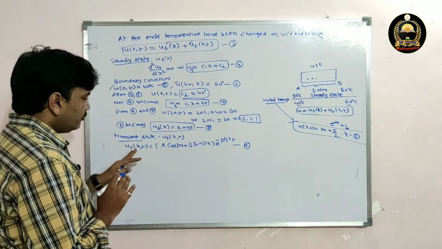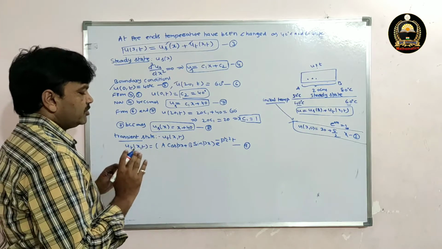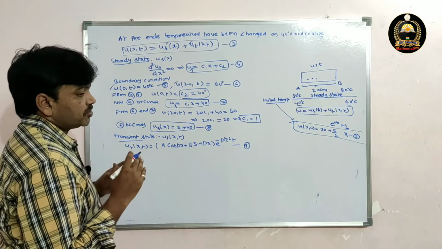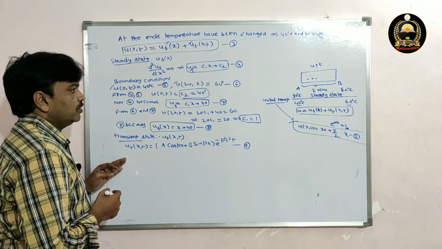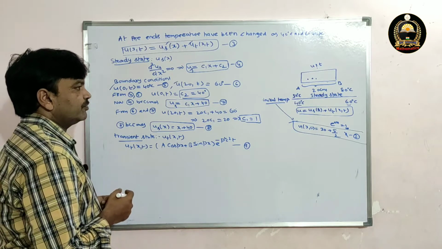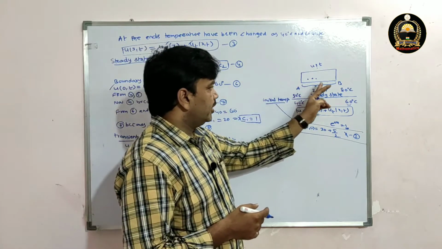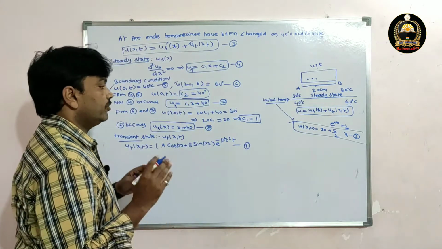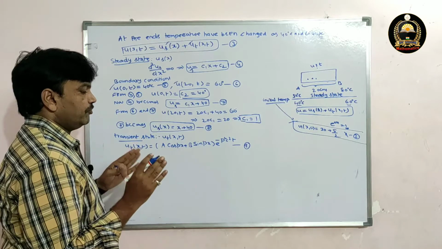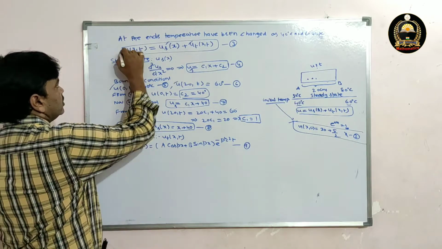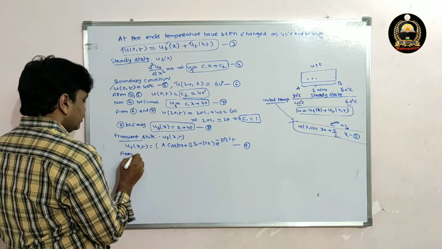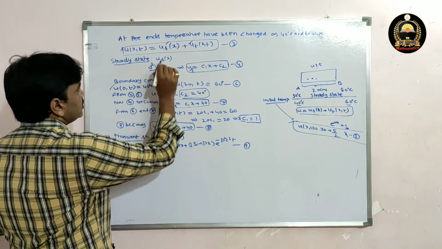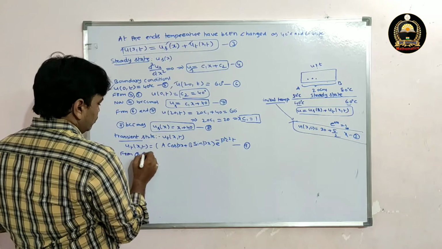Now I want to find A comma B, students, that means first I want to find the boundary conditions, at 0 and at 20. To find the boundary conditions, I'm using 3. So from 3, I want to write u_t of x comma t.